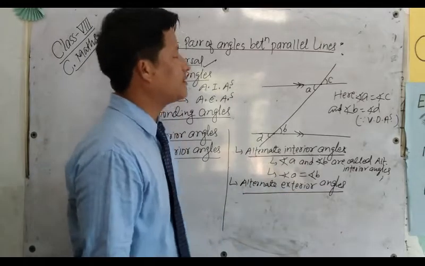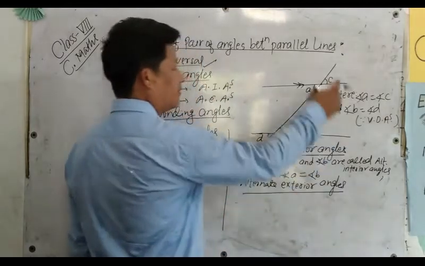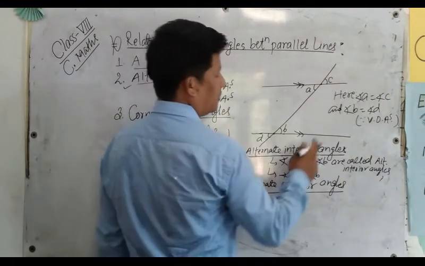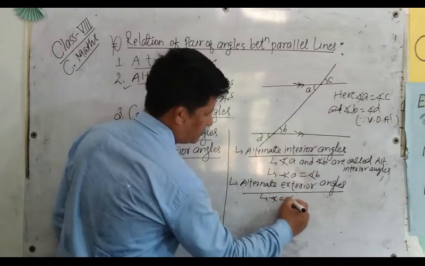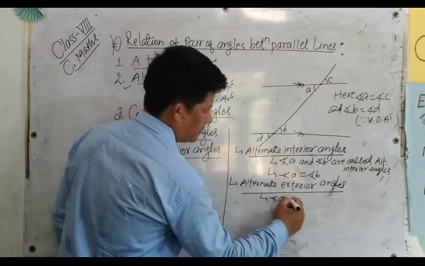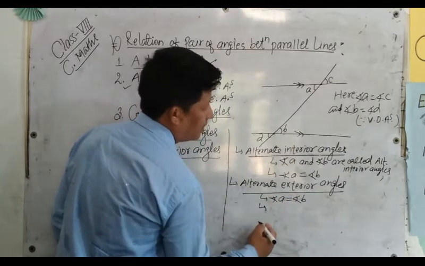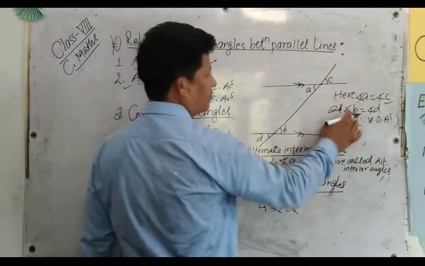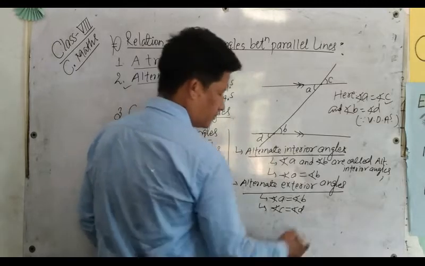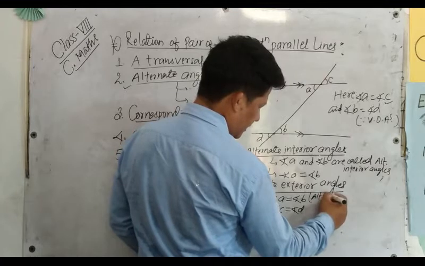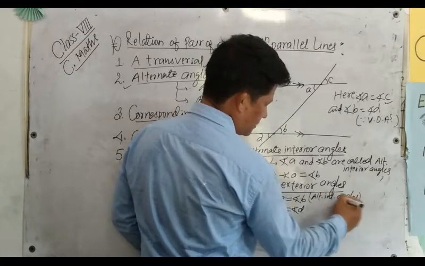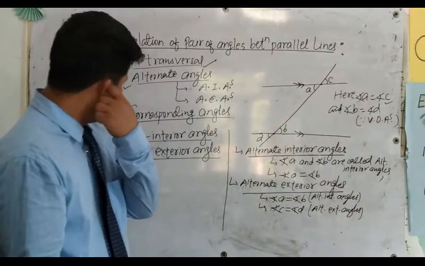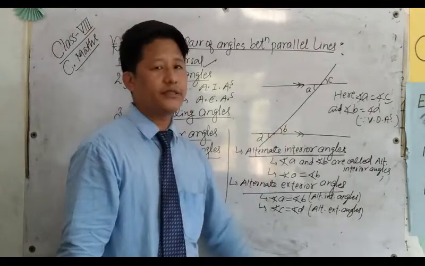Since angle A equals angle B can be taken, similarly, in place of angle A we can write angle C, and in place of angle B we can write angle D. Angle A and angle B are called alternate interior angles, but angle C and angle D are called alternate exterior angles.